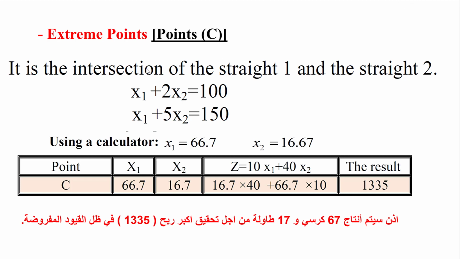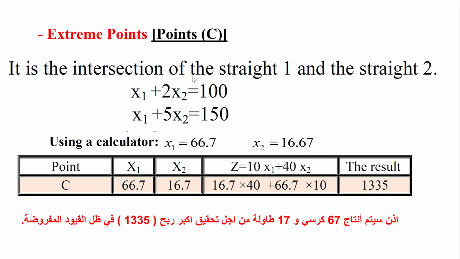It is the intersection between straight 1 and straight 2. Straight 1: x1 plus 2x2 equal 100. Straight 2: x1 plus 5x2 equal 150. Using a calculator, we can determine that x1 equals 66.7 and x2 equals 16.67.